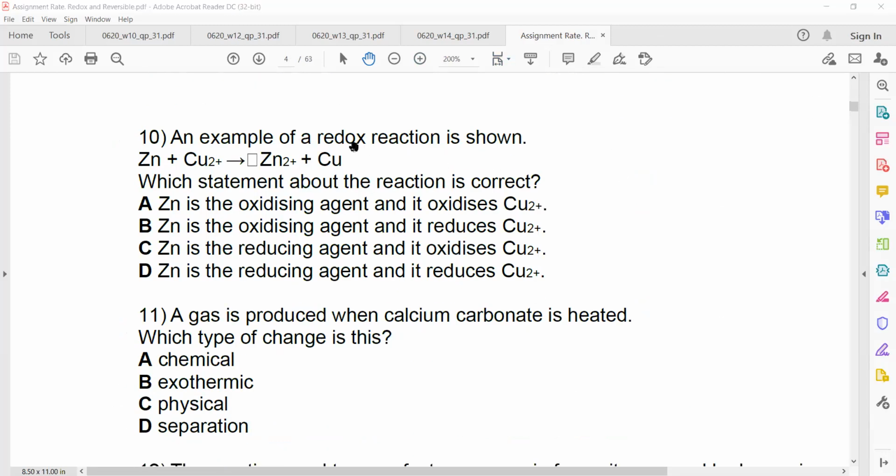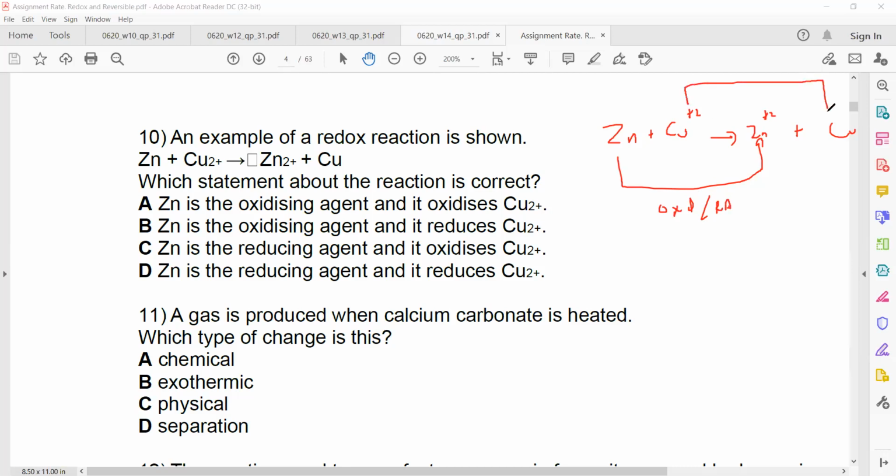Question 10. Basically, zinc reacted with copper ion, changing to zinc ion and copper. So for zinc this is oxidation, or it is a reducing agent, and for copper 2 it is a reduction, acting like an oxidizing agent.